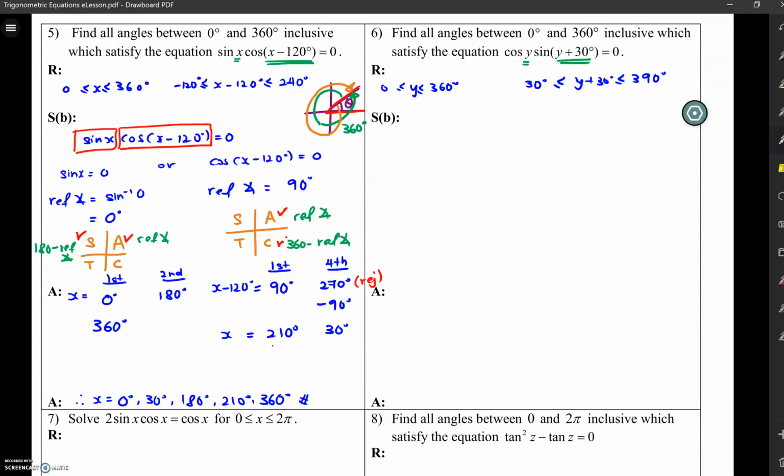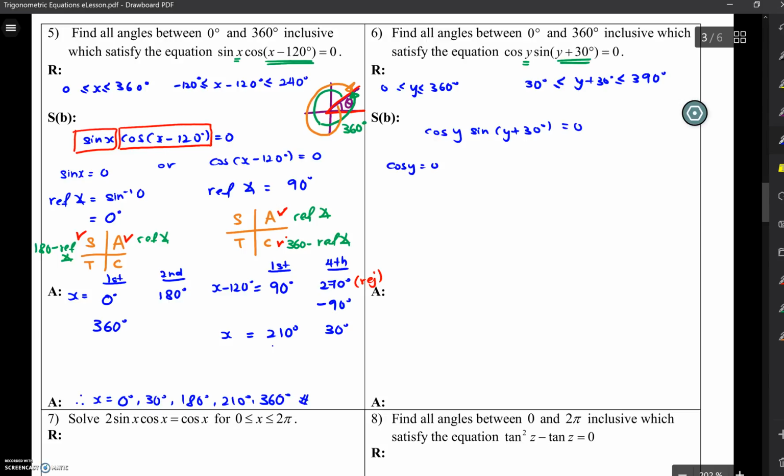Now for step number 2, to find the reference angle. If cosine y times sine of y plus 30 degrees is equal to 0, it means by zero product again, cosine y is equal to 0 or sine of y plus 30 degrees is equal to 0.